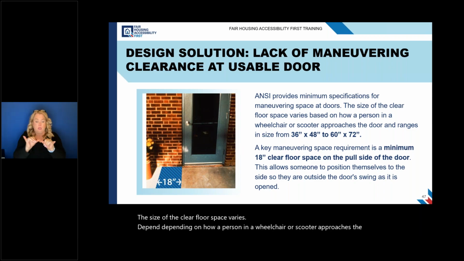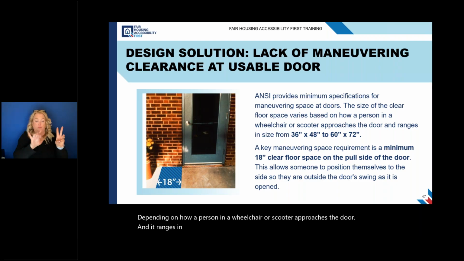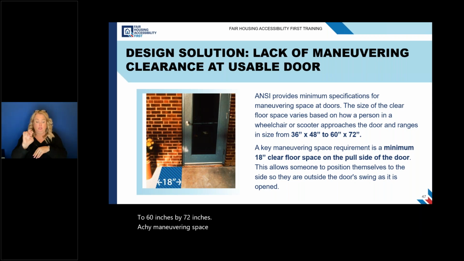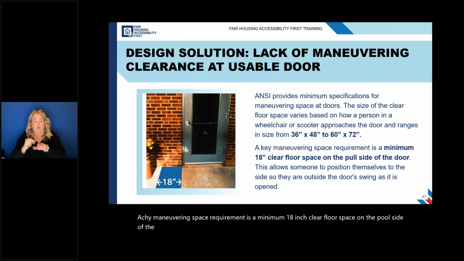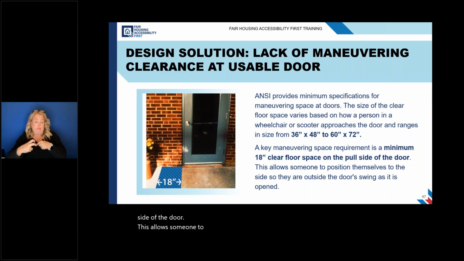And it ranges in size from 36 inches by 48 inches to 60 inches by 72 inches. A key maneuvering space requirement is a minimum 18-inch clear floor space on the pull side of the door. This allows someone to position themselves to the side so they are outside of the door's swing as it is opened.